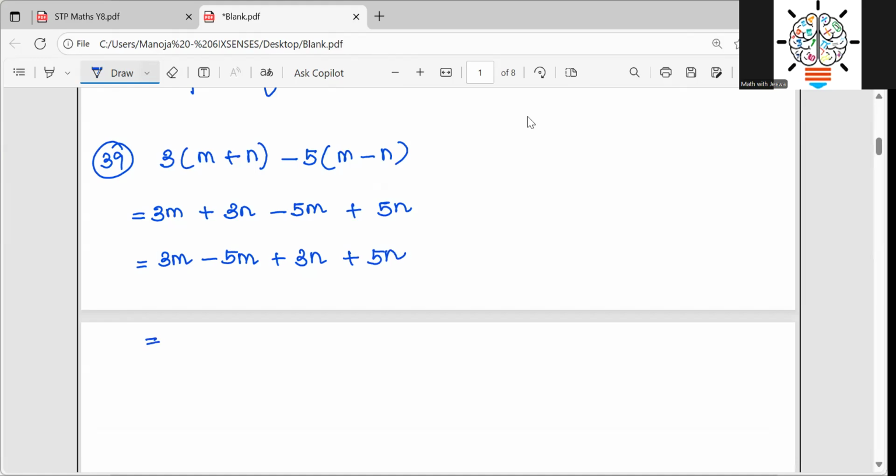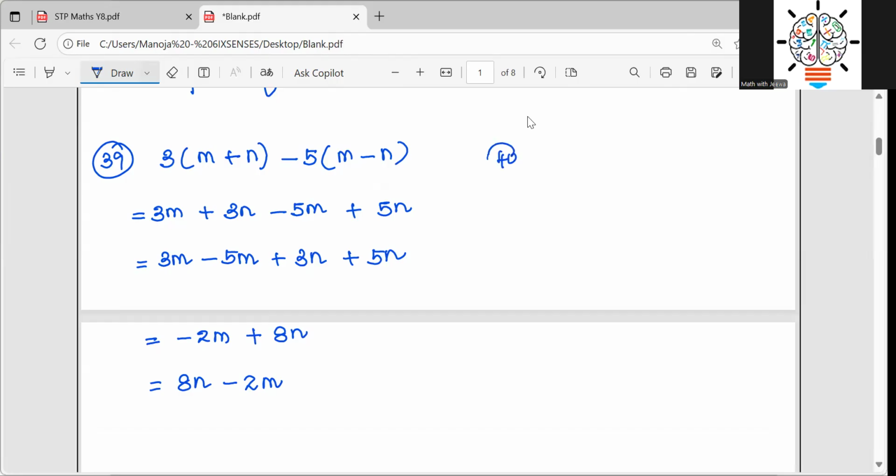So 3m minus 5m is minus 2m plus 8n. If needed, you can write 8n minus 2m, but that is not compulsory. Okay. And 3m minus 5m is minus 2m, 3n plus 5n is 8n, correct.